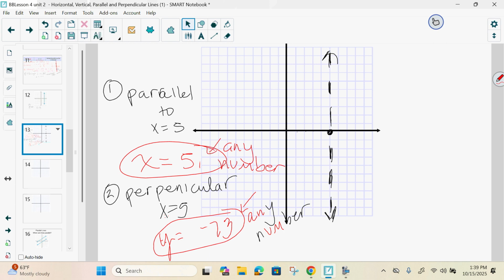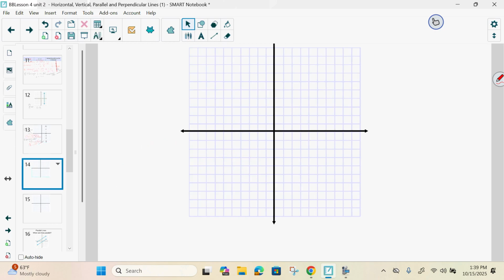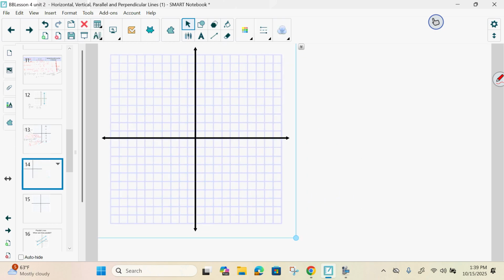All right, now we're going to do parallel and perpendicular, but we're going to do it with increasing and decreasing lines. Right? Increasing and decreasing lines.